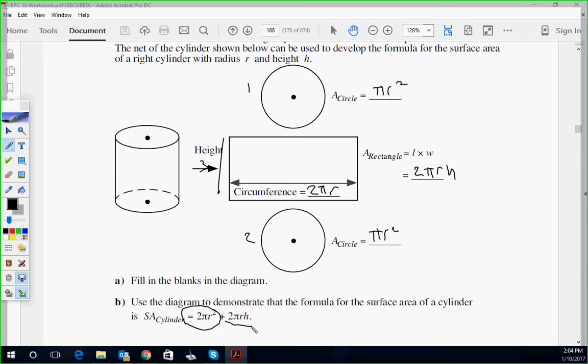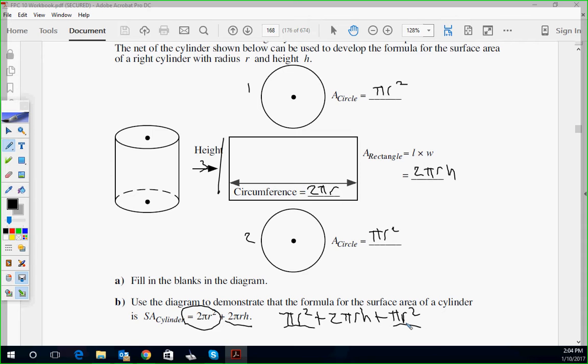They just said use the formula up at top, so it's a little bit tedious, but it's pi r squared plus 2 pi r h plus pi r squared. These are like terms, so that's how they made that a 2. Pi r squared plus pi r squared is 2 pi r squared. Okay, that's for surface area.